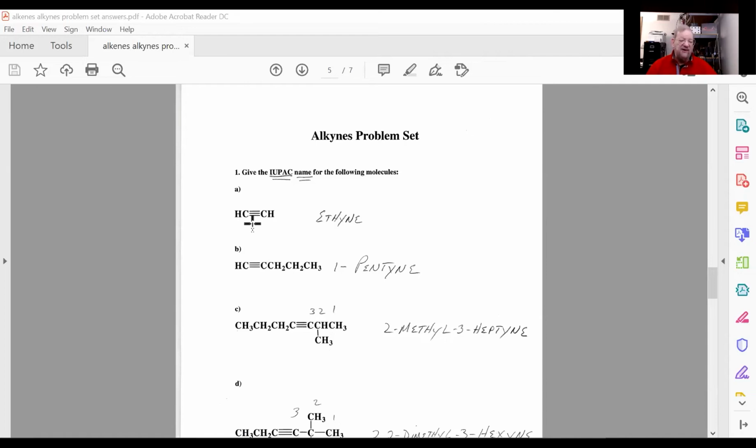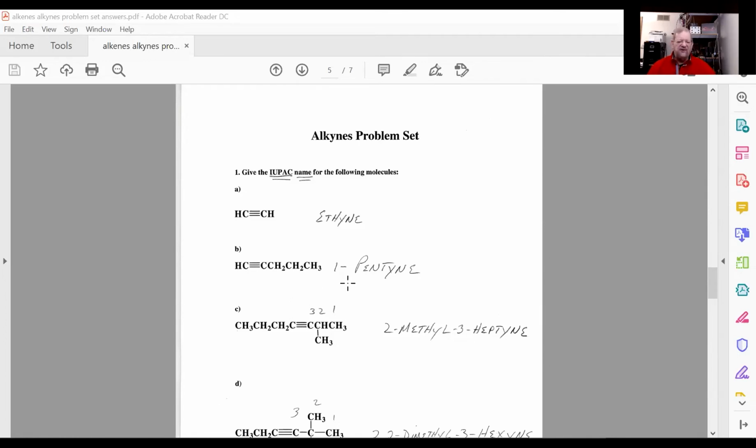Now, there's no number here because it's impossible to have 2 or 3 ethyne. Now here, 5 carbons, pentane, triple bond, drop the ANE ending, put YNE, pentyne, and it's on carbon number 1, the closest carbon to the end, 1-pentyne.